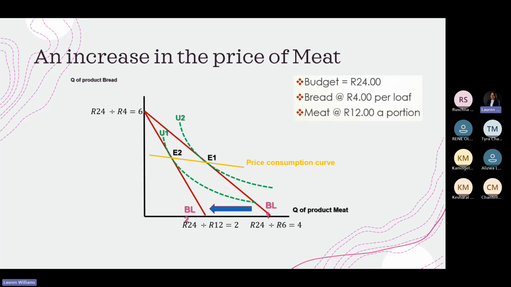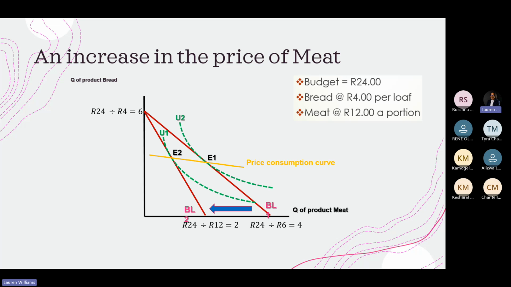So if the price of meat was originally 6 Rand, it's now 12 Rand, it's almost doubled in price. We will then say 24 divided by 12 to give our new intercept point for our budget line being 2. So essentially, our budget line will swivel inward, meaning the more expensive a product becomes, the less you are able to demand because you have a budget.